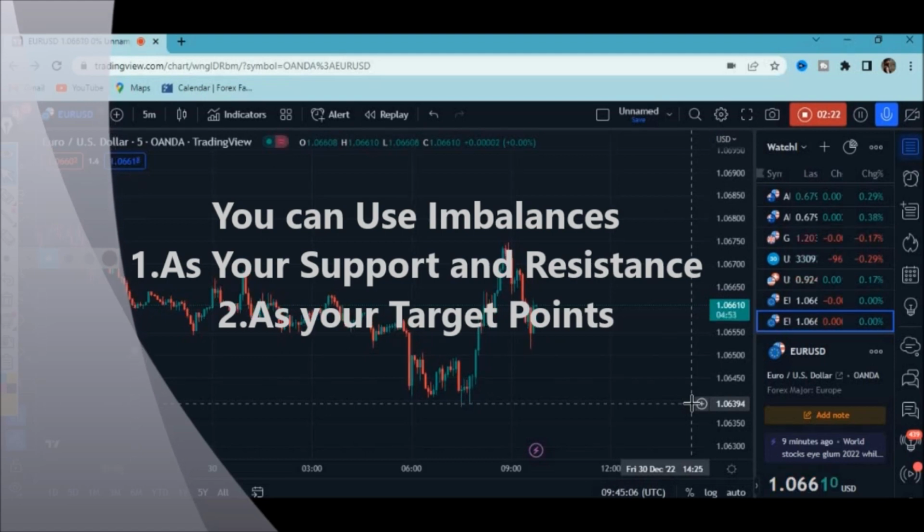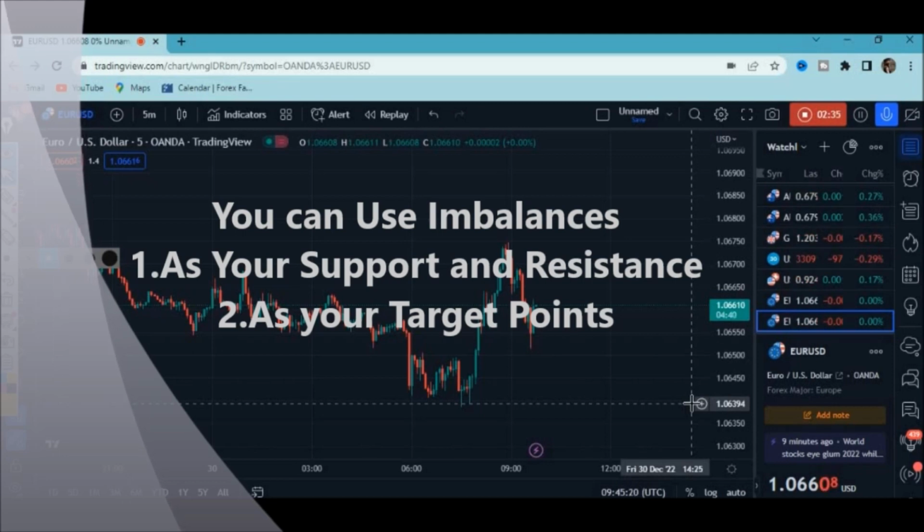Why am I saying this? Because on these levels with imbalances, you always see the market reacting to the level, and this is what we are going to do in this video, making us execute trades and also understand the trend of the market.